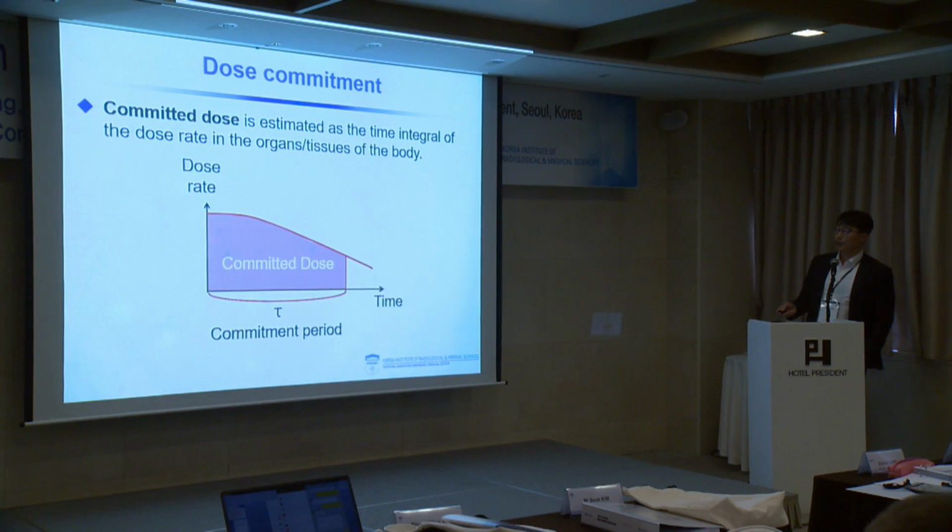So in this graph, the dose rate in the body will decrease as the time goes up, depending on the effective half-life. In this case, committed dose means the integration of the dose rate in the specific period of time during commitment period. So this area, integrated area, means the internal dose, committed dose.